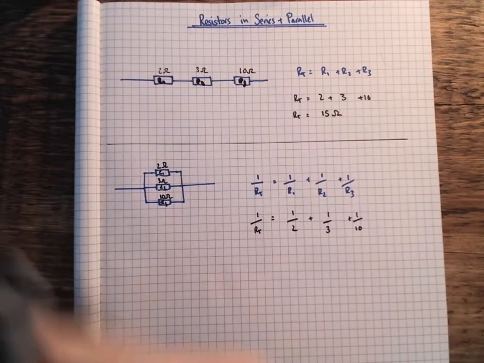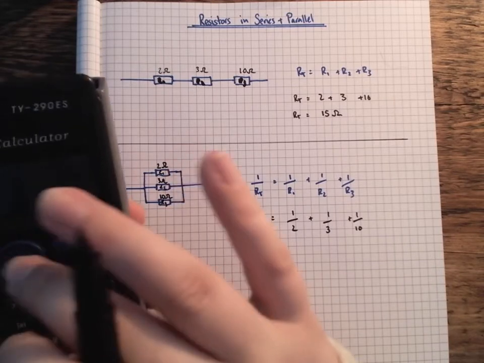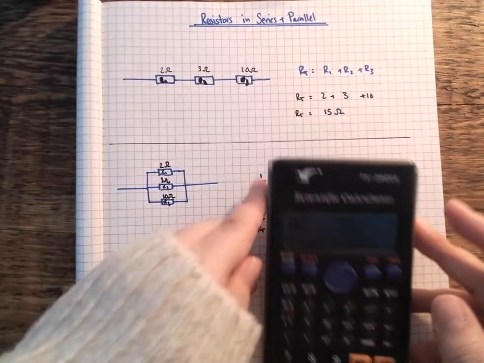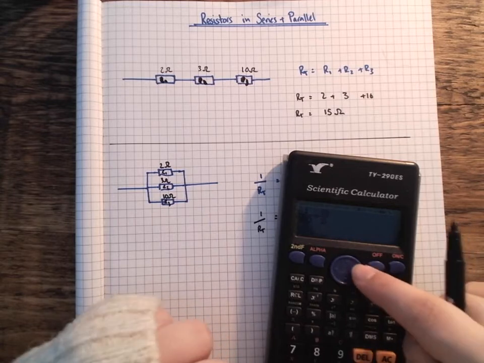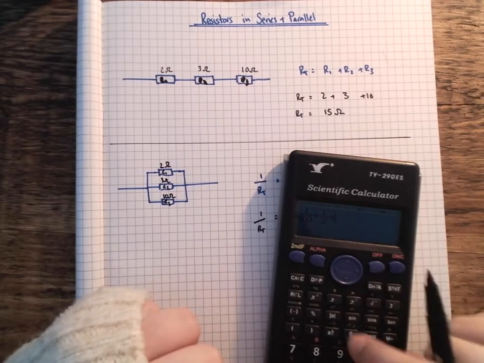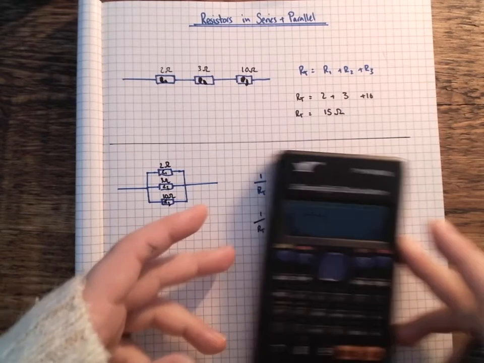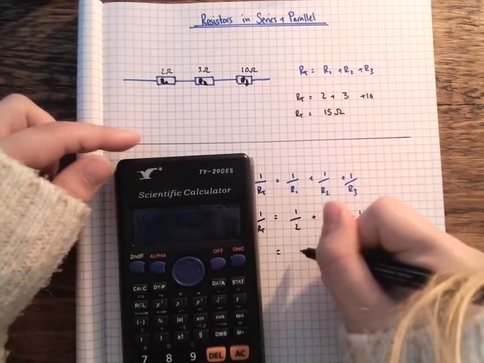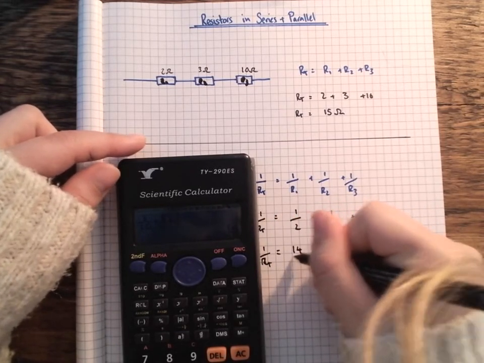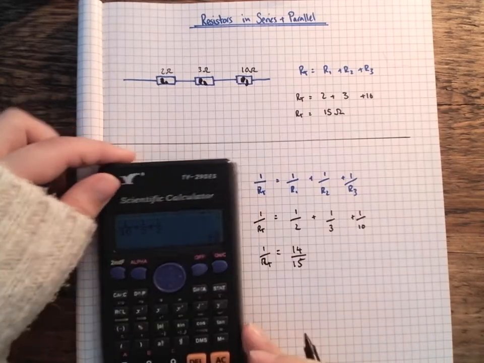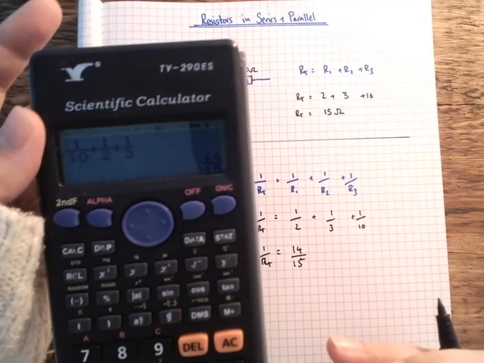Now if I just quickly add those together on my calculator, if I do 1 over 10, sorry, I just realised you probably can't see that, plus 1 over 2, plus, again, 1 over 3, that gives me an answer of 14 over 15, okay, so that's 1 over R total is equal to 14 over 15. Okay, so again, if you can't quite see that there, I've just added those up.